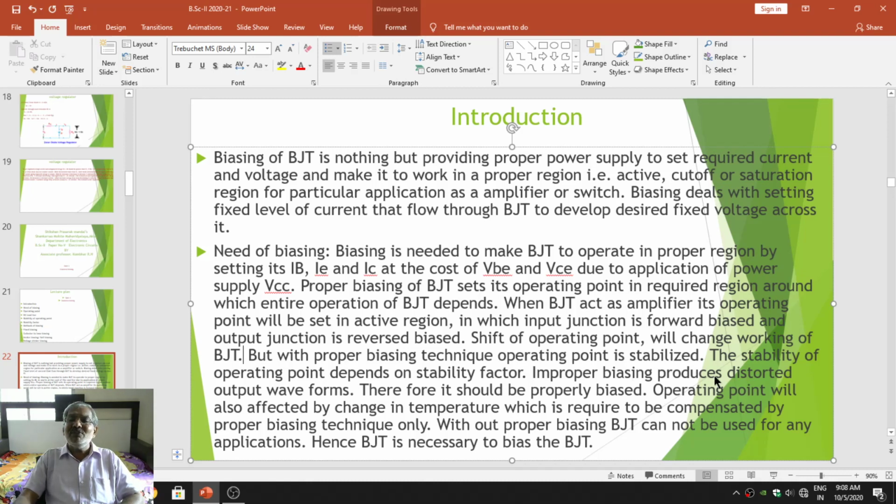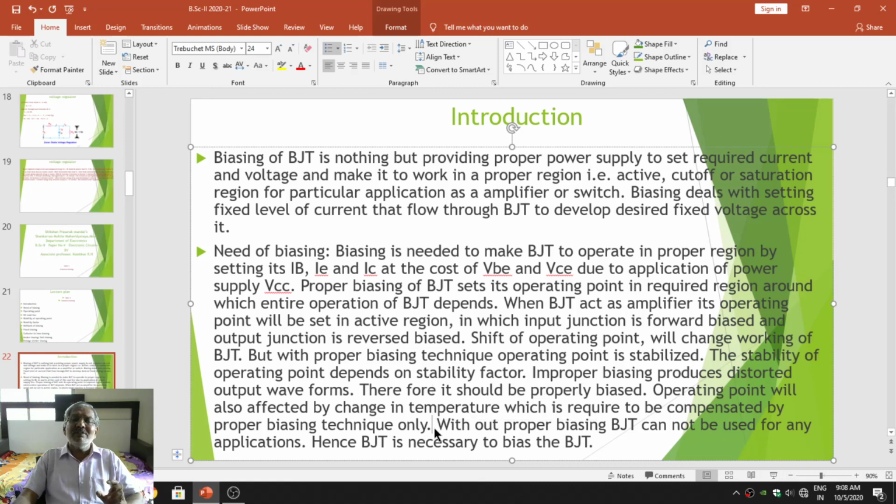Improper biasing produces distorted output waveforms. If biasing is not perfect, output waveforms which are available are distorted. Therefore, it should be properly biased. Operating point will also be affected by the change in temperature, which is required to be compensated by proper biasing technique only.